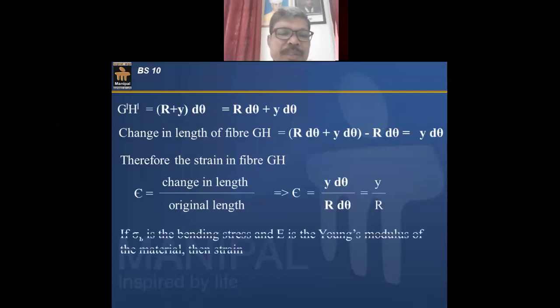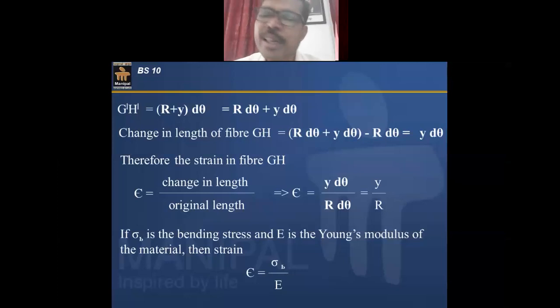So if sigma b is the bending stress and E is the Young's modulus of the material, then strain is equal to what? We also know strain is equal to stress upon modulus of elasticity, or stress is directly proportional to strain within the elastic limit and the constant is known as Young's modulus or modulus of elasticity. So modulus of elasticity is equal to sigma by epsilon.